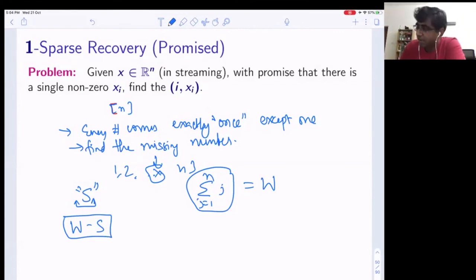Can't we find xi just by this idea? Do you get my question? What happens if we just keep the sum? Whenever an entry comes, for any i comma delta, I just add delta to it. Can't I get xi then?